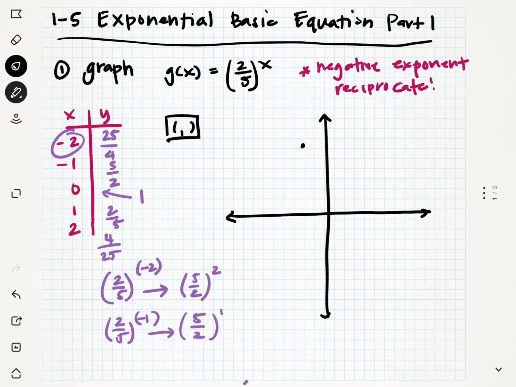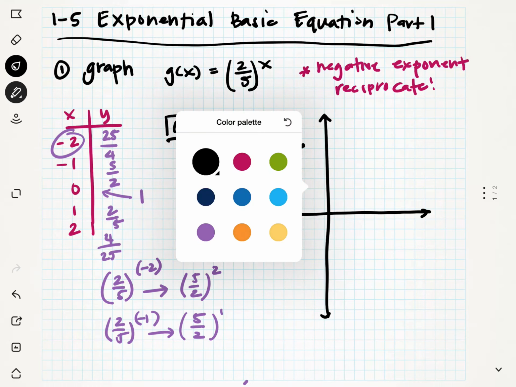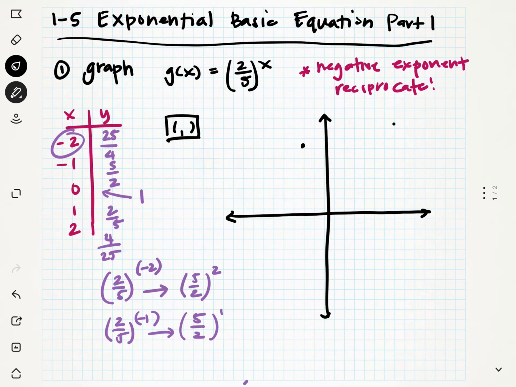The -1 is 5/2. 5 divided by 2 is 2.5. So 2.5 might be about there. Might be about there. 0 is 1. And then we plot all the points. It's getting a little bit smaller. 2/5.